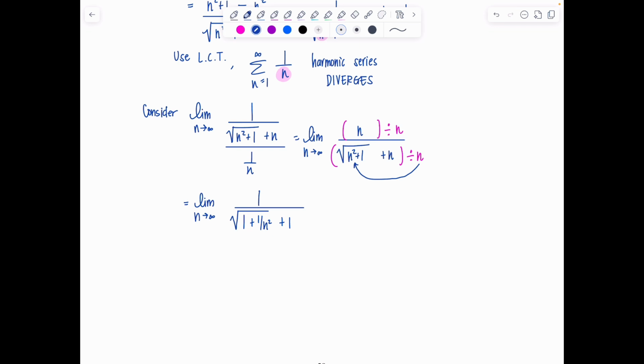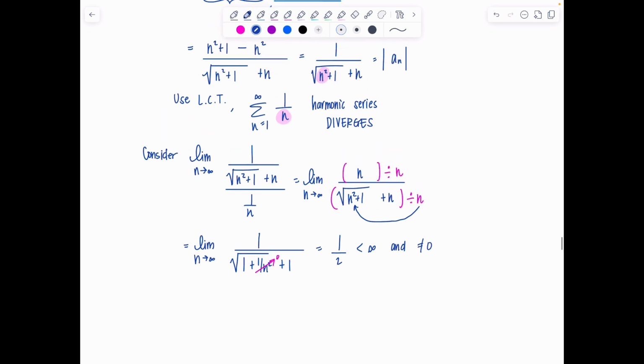Okay, that's good. So this is going to go to 0. I have 1 over square root of 1 plus 1. So this is 1/2. What do I care about 1/2? Just that it's finite and not 0.